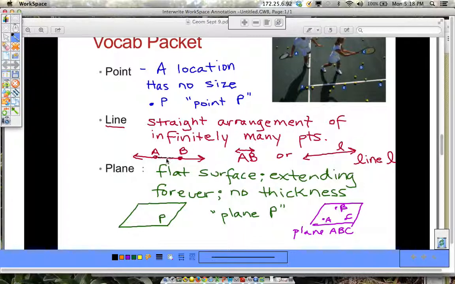To name this line right here, you only need 2 points. If there were 3 points, that's fine, but you only need 2. Let's say this is the letter C. You could call this line AB, or you could call this line CB, or you could call it line AC. It doesn't actually matter.